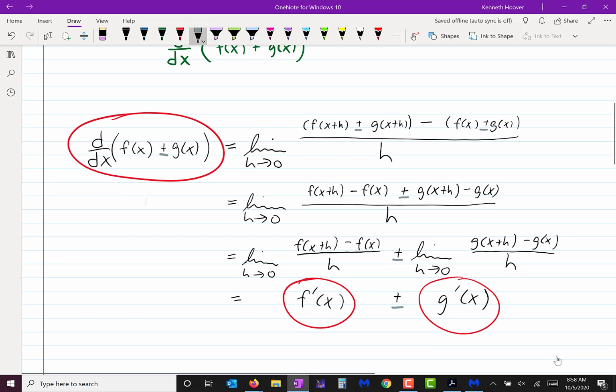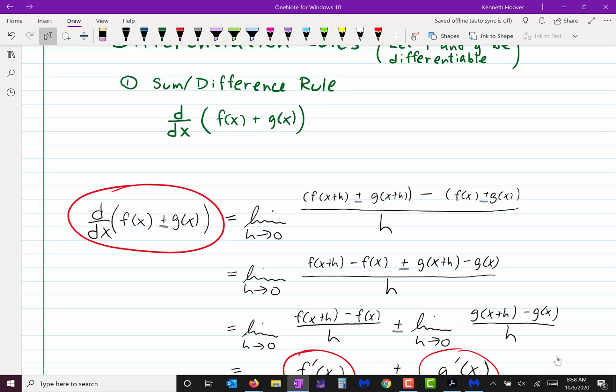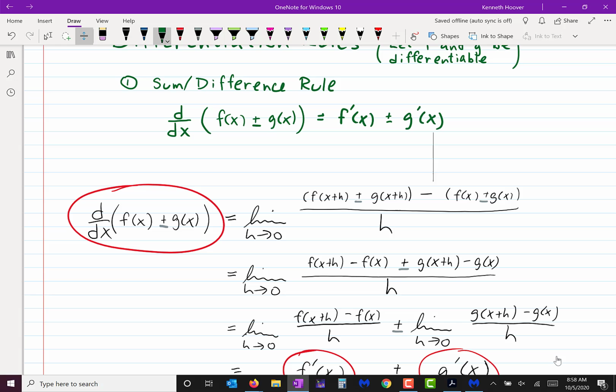That's called the sum difference rule. The derivative of f plus or minus g equals the derivative of f plus or minus the derivative of g. So that's a very important rule to remember.